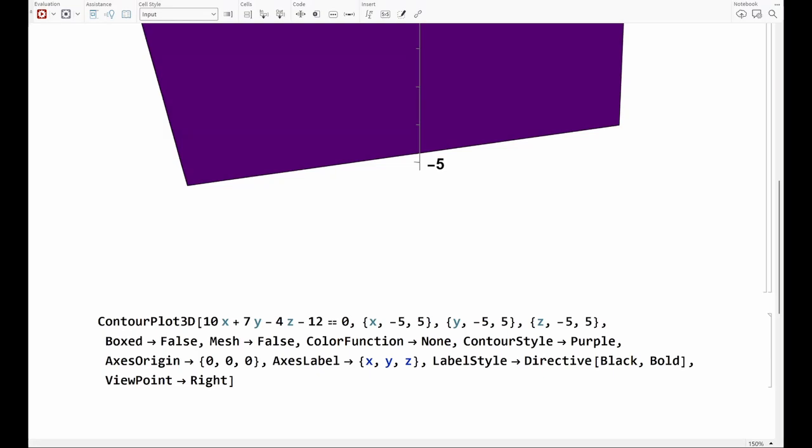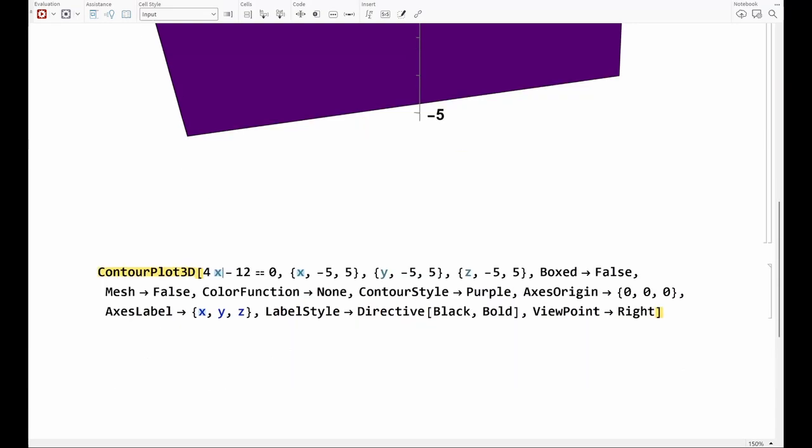This is going to change: X plus Y plus 2Z. Everything else is going to stay the same, except I think I'll change the color. What color did we use last time for the plane?